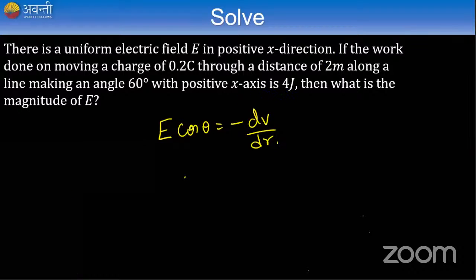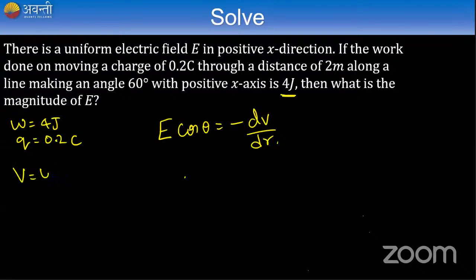Note that they had given work done. W is equal to 4 joules. Then they had given charge. So Q is 0.2 coulombs. Am I right? Yes. So we know V is equal to W by Q. Guys, remember this.